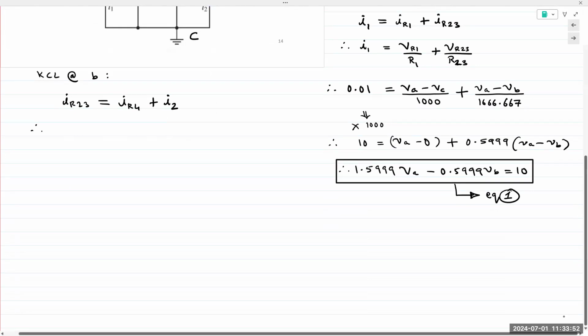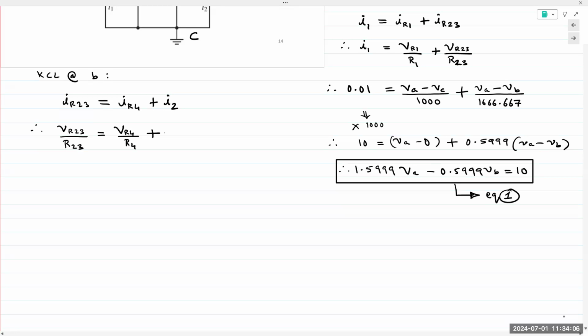Apply Ohm's law. I can write VR23 divided by R23 equals VR4 over R4 plus I2.